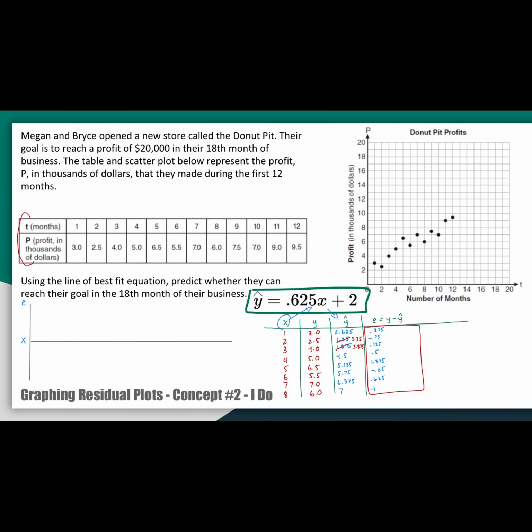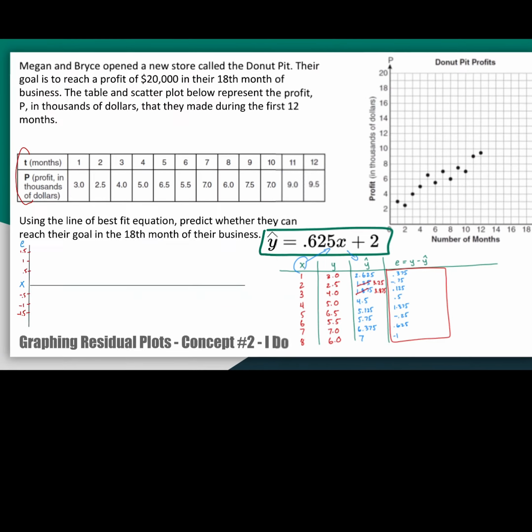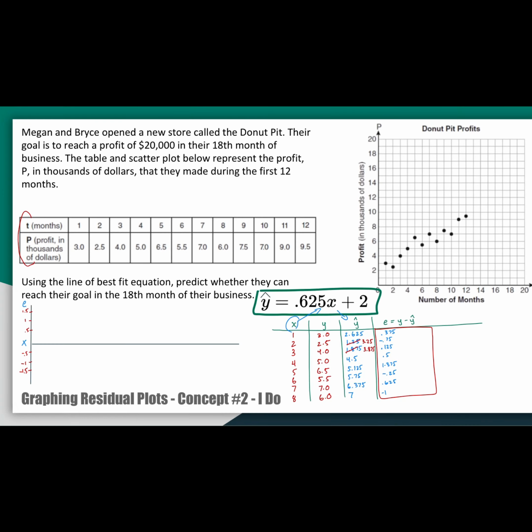So I'm going to put 0.5, 1, 1.5, and then -0.5, -1, -1.5. And then we have 8 numbers, so 1, 2, 3, 4, 5, 6, 7, 8.